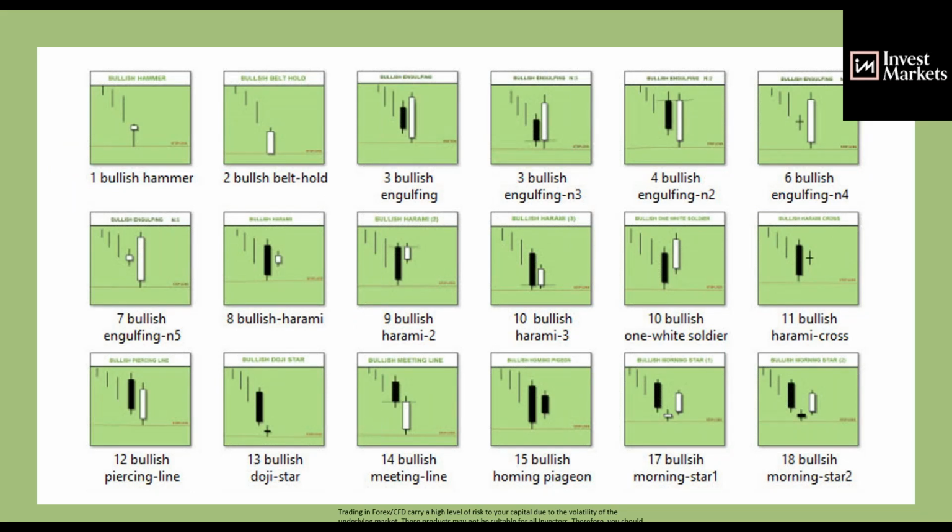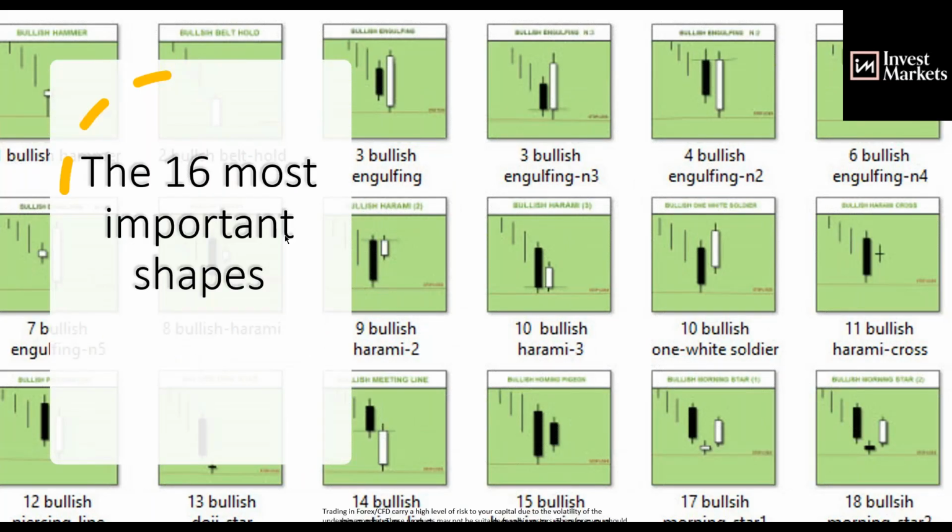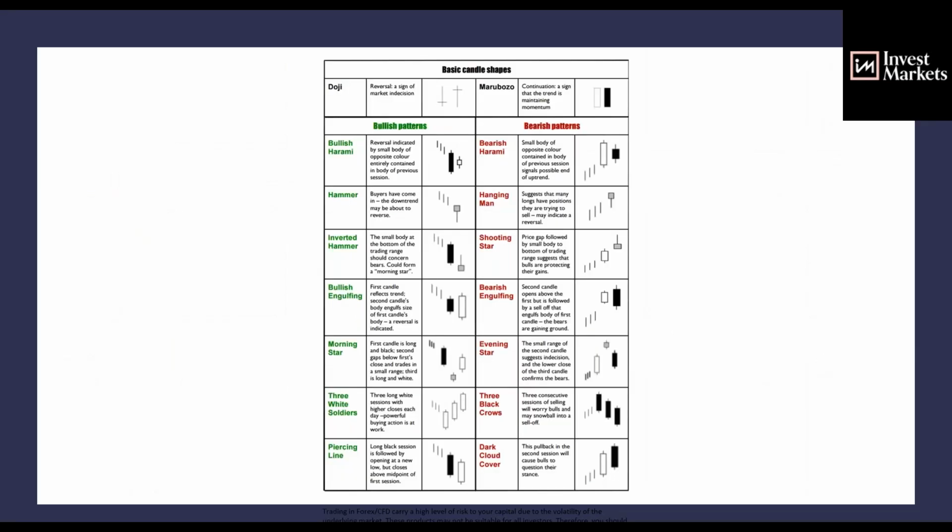Some of the more popular ones, like doji. A doji appears all the time. What is a doji? It used to be that the body of the candle was non-existent, that the open and the close were exactly the same.